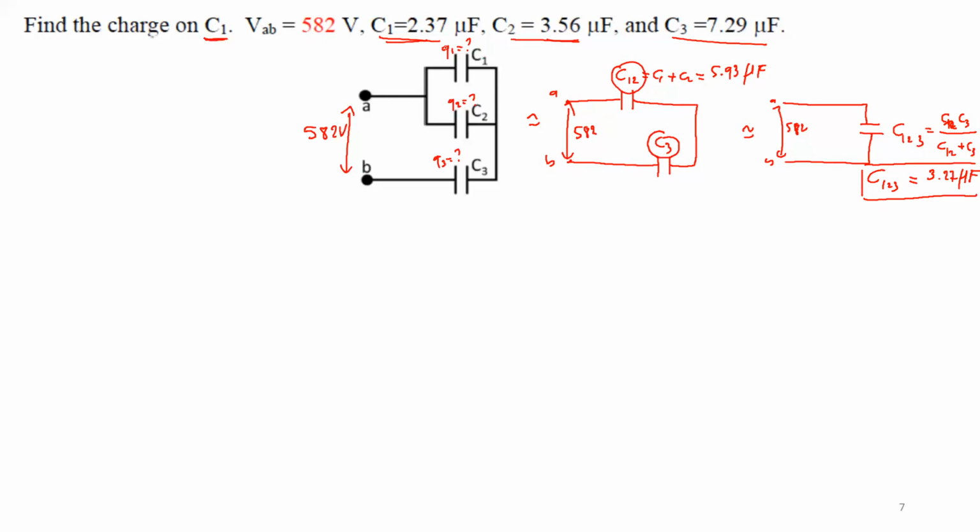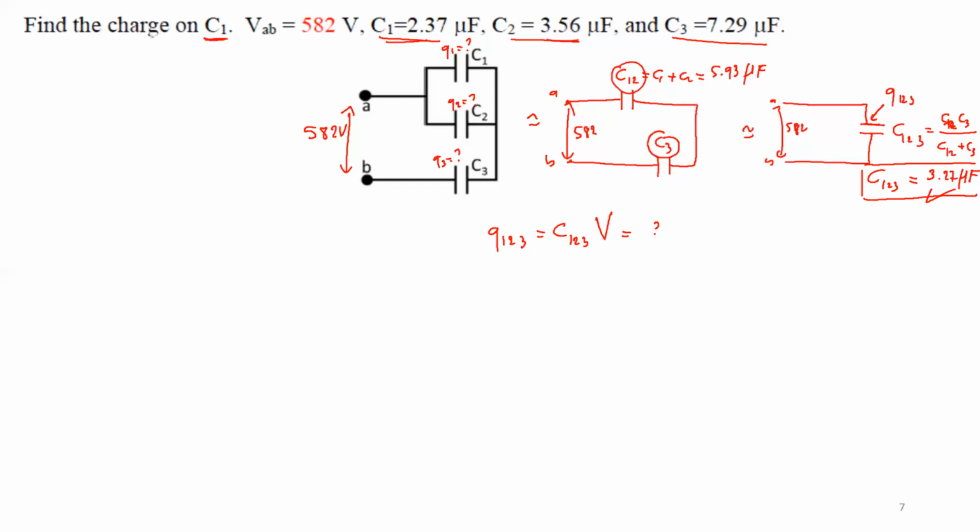Okay, good. Now, let's go back to the question. We want Q1. How do we get Q1? Let's go step by step. So here, I know C123, so that means I can know here what is Q123. As you know, Q123 will be just C123, which is the C equivalent to all that I already calculated, multiplied by the voltage. Now, what's the voltage here? So let me calculate it if you want.